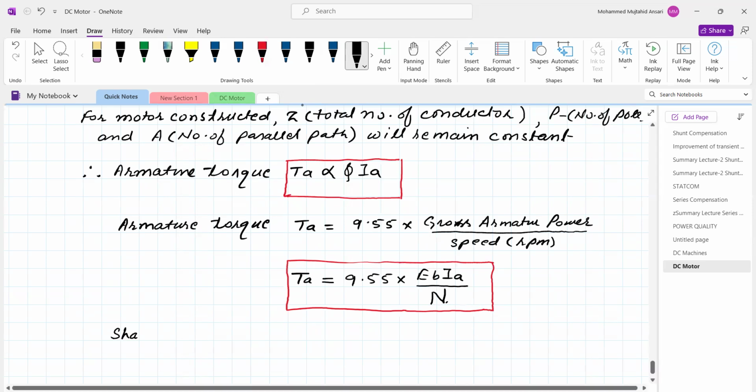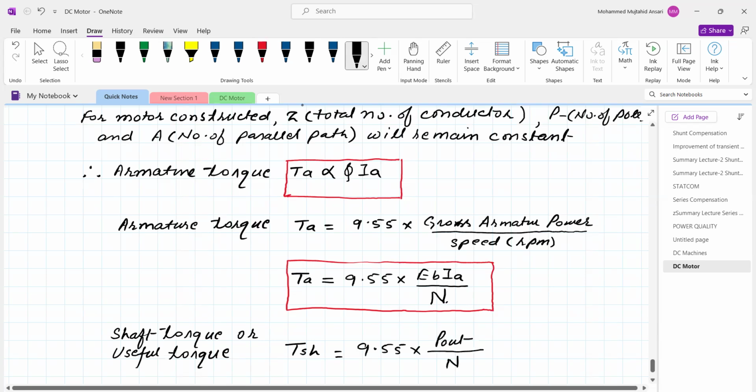So shaft torque, or it may be called useful torque, represented as TSH, equals 9.55 into, instead of the gross armature power, the total power output P output of the motor, divided by N. N is the speed.